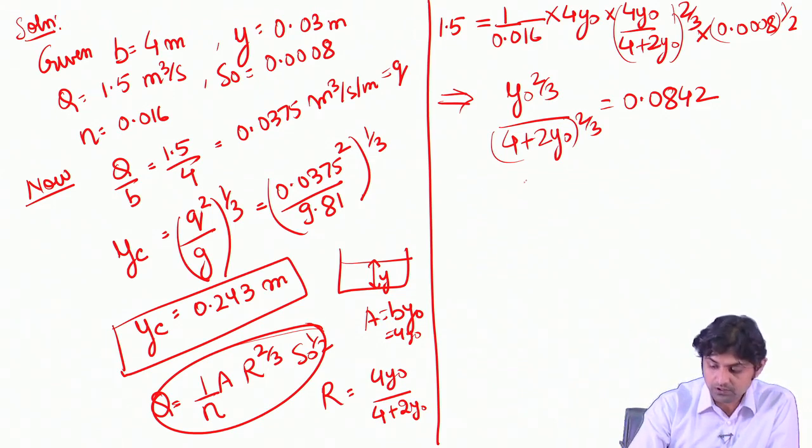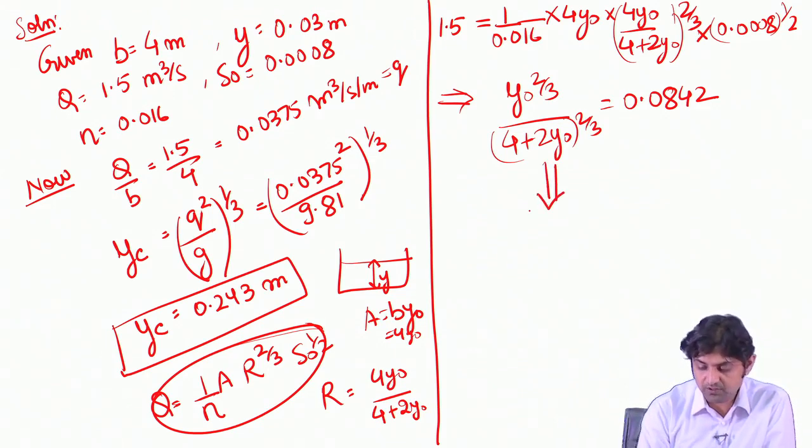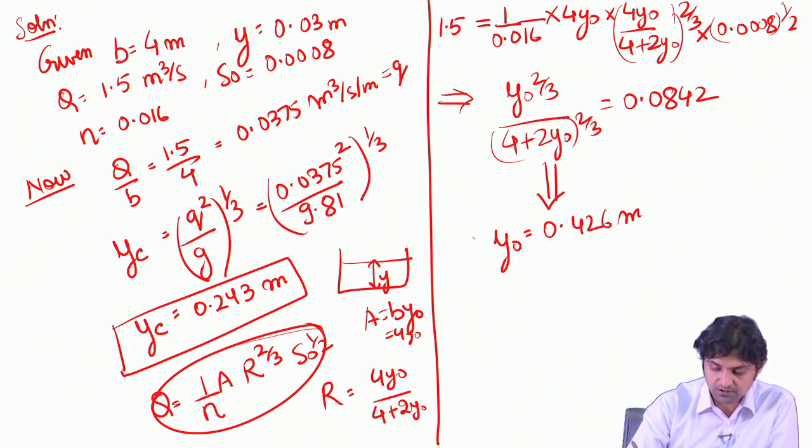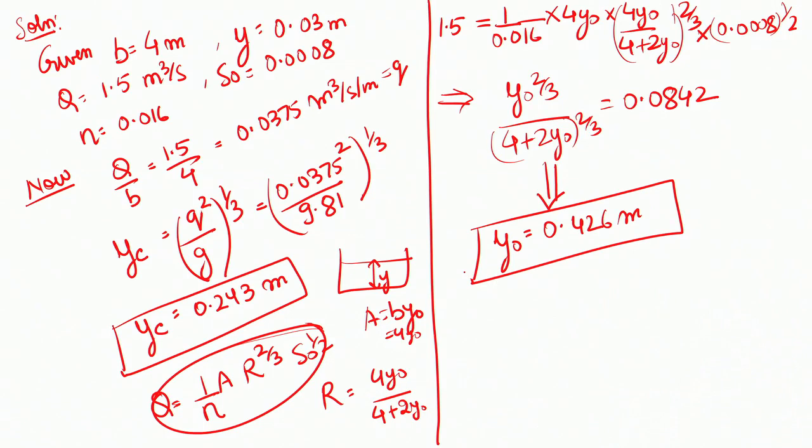So, if we solve this, you can use any method, and we will obtain y naught as 0.426 meter. So, the normal depth we have calculated using Manning's equation, all right. Is that true? Because that was the thing that we started with. So, Yc came out as 0.243 and the normal depth came out to be 0.426.